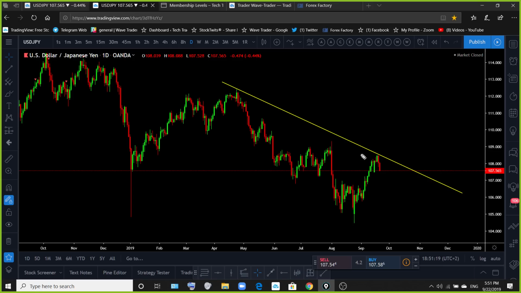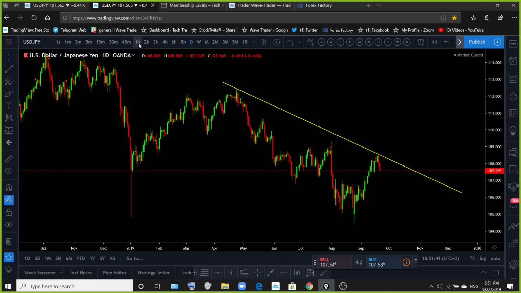The move looks sharp on this daily time frame, and it can draw for one more move down like that. That's what I have just shown you on Kiwi yen and Aussie yen, that one more drop. So we are watching the bottom to hold and then go back up.